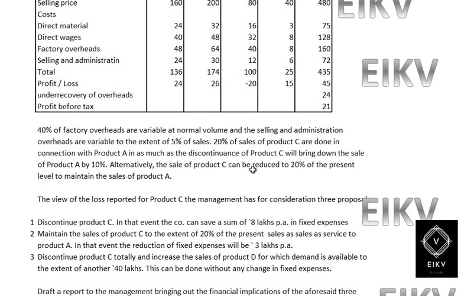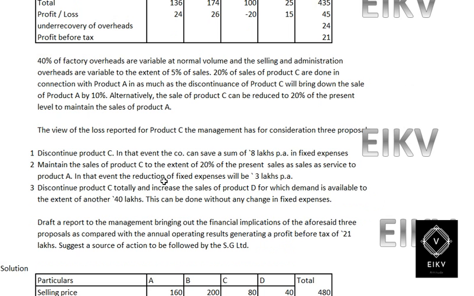Alternatively, the sale of product C can be reduced to 20% of the present level to maintain the sales of product A.